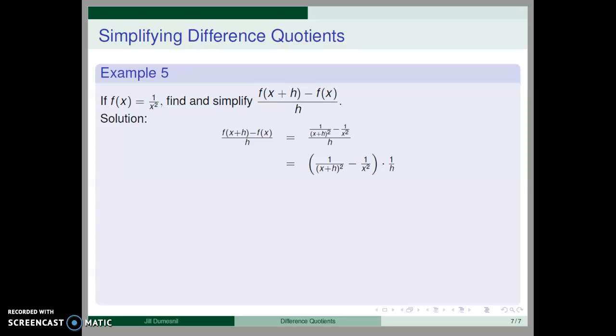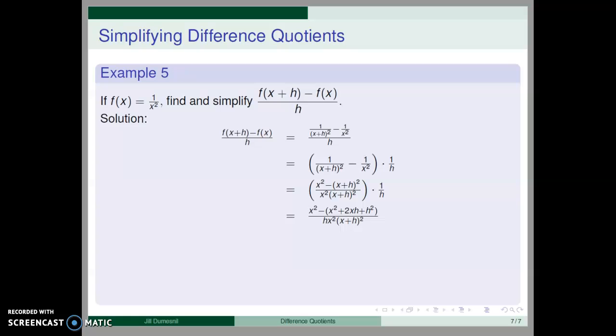This looks a bit better, but we still need to combine the fractions in the parentheses. This step requires a common denominator. The common denominator is x squared times the quantity x plus h squared. Now we need to square x plus h in the numerator and distribute the minus sign.